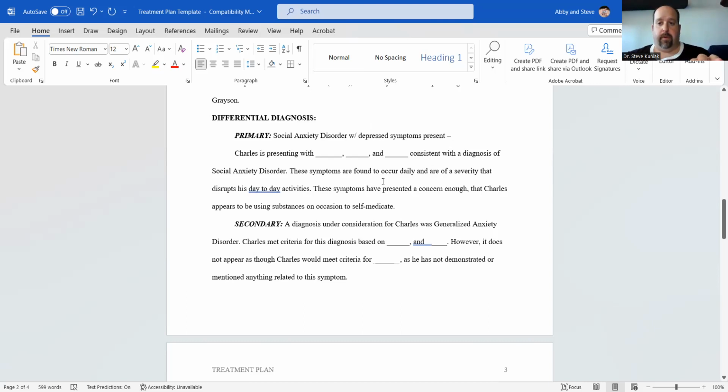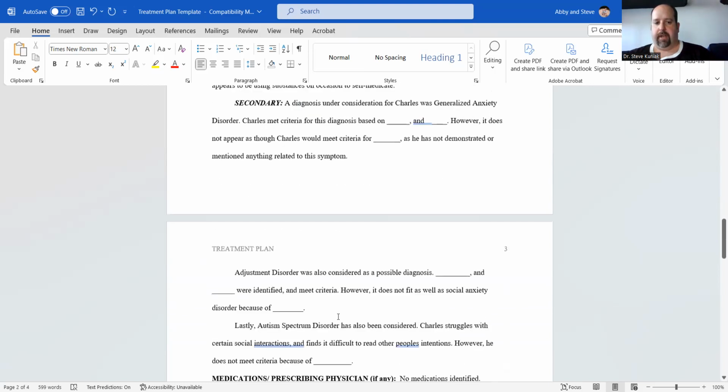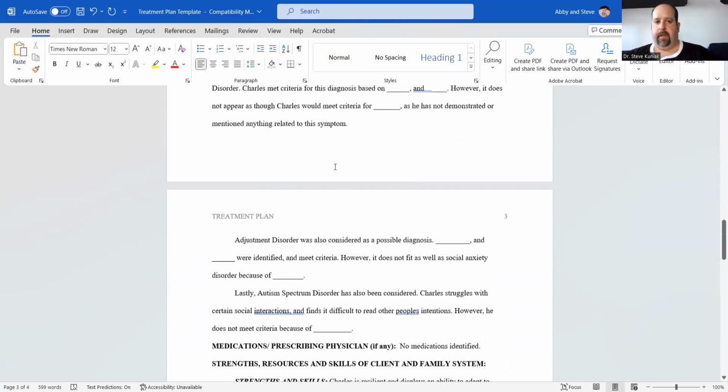If you were doing this for real, you would do this exact same thing. You would want to get some more information though about when that diagnosis was given, by whom, by what facility, all that sort of stuff. For our purposes, I don't need that. But so give the primary and then any secondary, differentials that you're working on and some rationale for each of those. Okay.